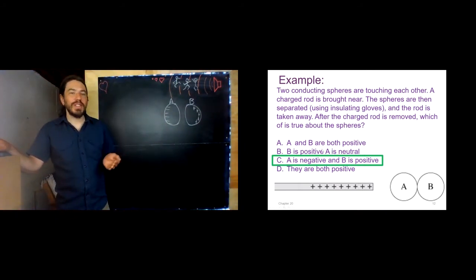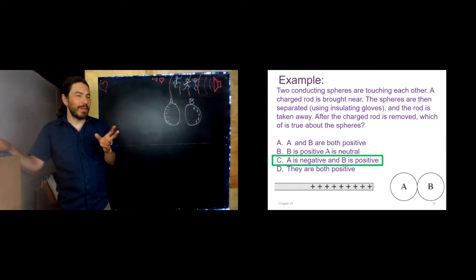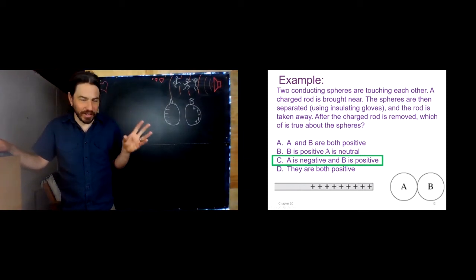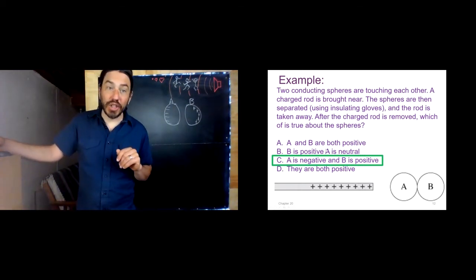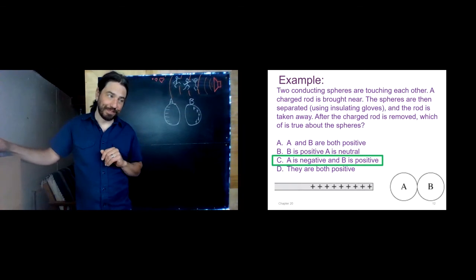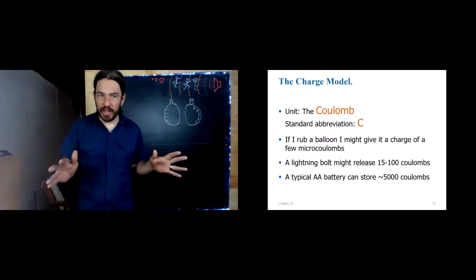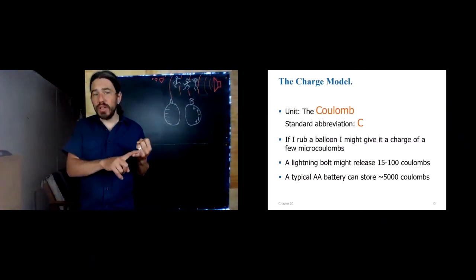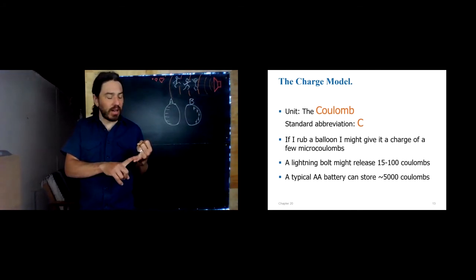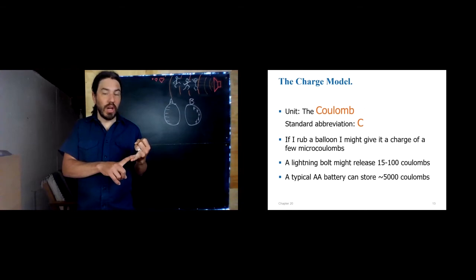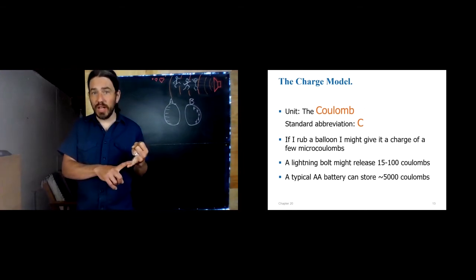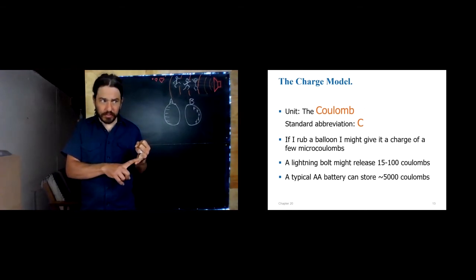And so we've charged these spheres, interestingly, without rubbing them or hooking them up to a battery or anything like that. This is called charge by induction. So the charge model then is that charge is an intrinsic property of matter. It is carried on subatomic particles, protons and electrons being the ones we will talk about the most.